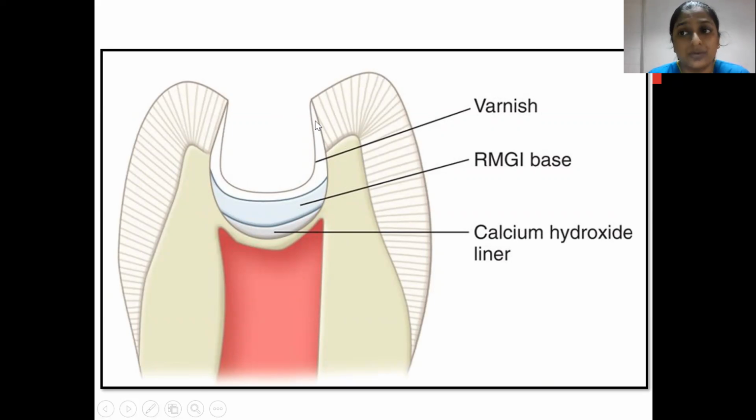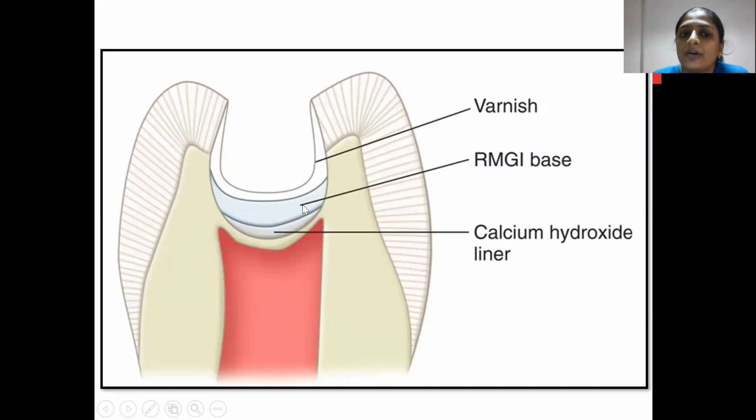Classically, I would just like to explain how we will be giving different types of restoration, which I had already shown first. So these are various conditions. If you look, it is a cavity that is extending into the outer 1/3 of the dentin. If it is like that, we will be just applying varnish and then giving the restoration.